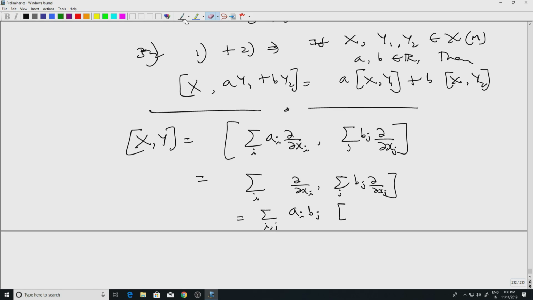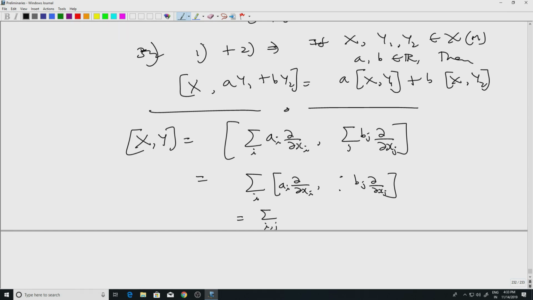So the ai will stick with this, and similarly the bj can't be taken outside.